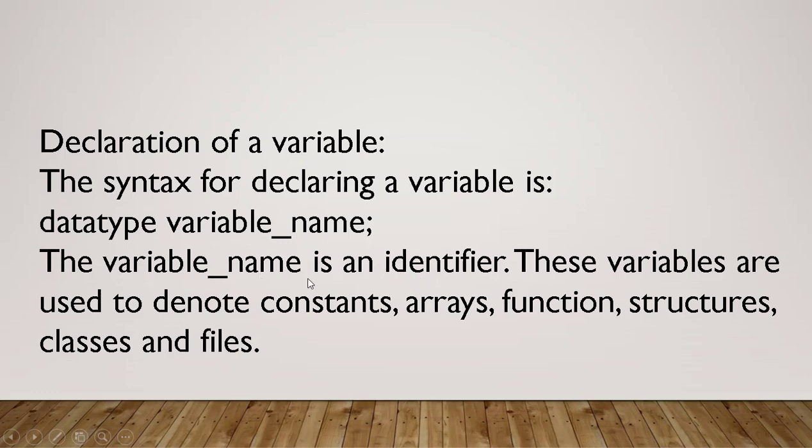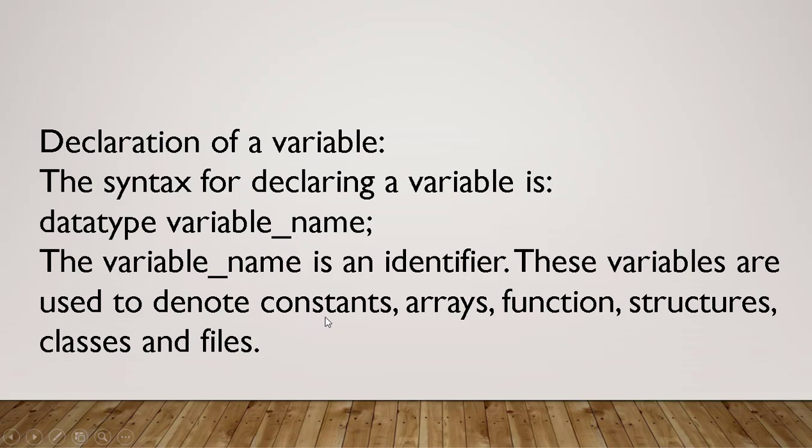So a variable is also almost like an identifier, and these identifiers are used to denote a constant, array, function, structure, classes and files. Constants are values which do not change during the execution of the program; they remain fixed. In order to give a name to a constant, for example 5 is a constant, a is equal to 5.